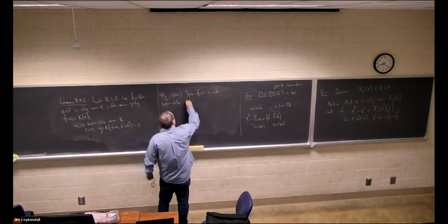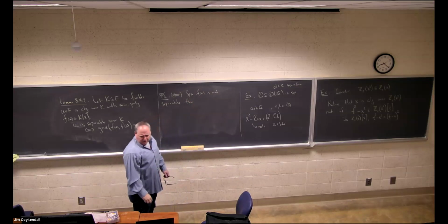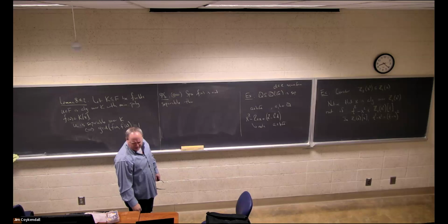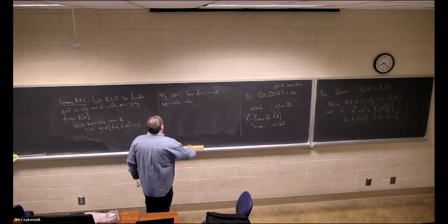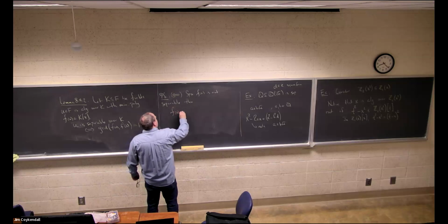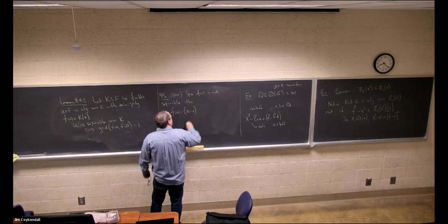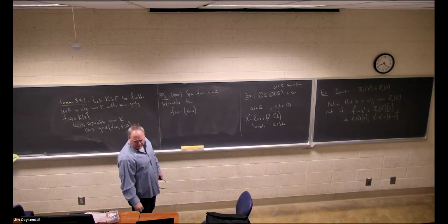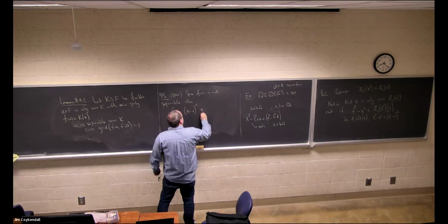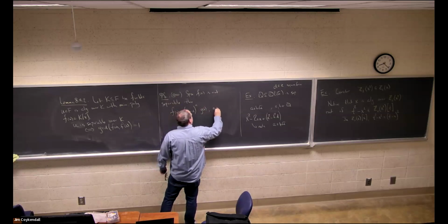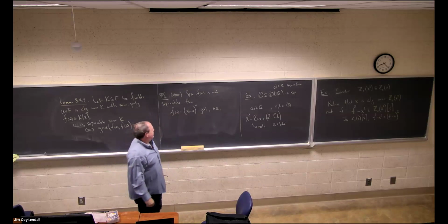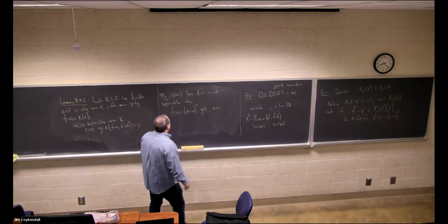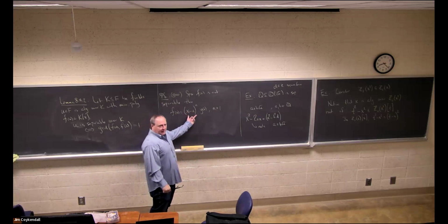Then f of x is x minus a to some power n times g of x, with n greater than 1, because I want it to be not separable.